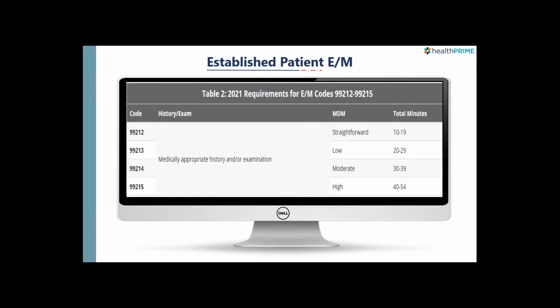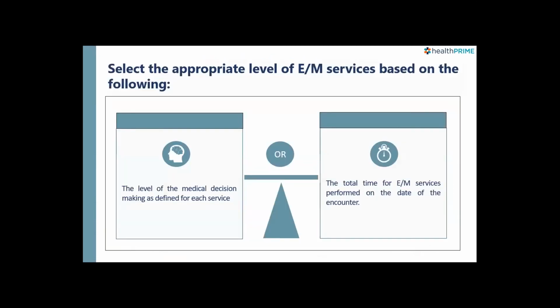Only a medically appropriate history or examination is required to be documented. So we will be selecting the E/M service code based on the following. One is medical decision making. Second is the total time for the E/M service performed on the date of the encounter.